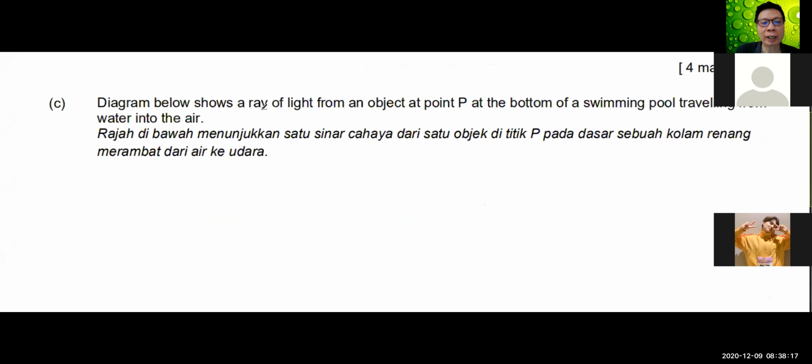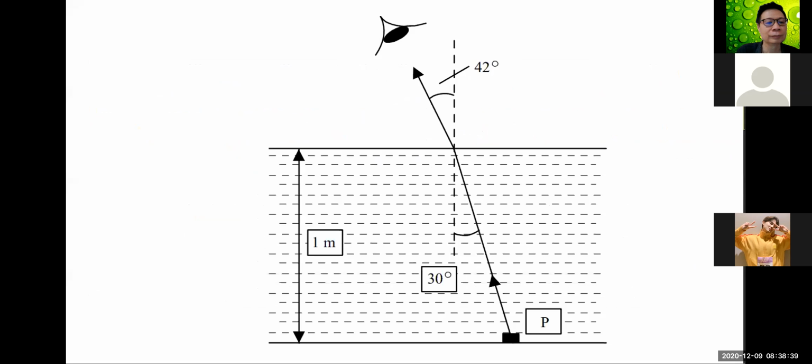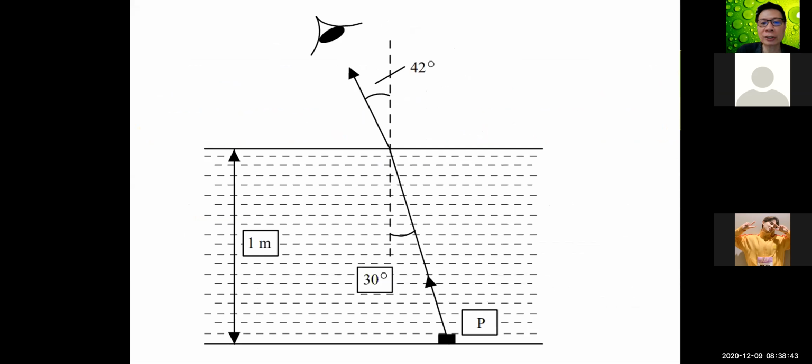The diagram shows a ray of light from an object at point P at the bottom of a swimming pool, traveling from water into the air. Meaning that this diagram shows the light is moving from the water, the swimming pool, out into the air. Okay, let's see the diagram. I'm sure everyone is quite familiar with this already, right?